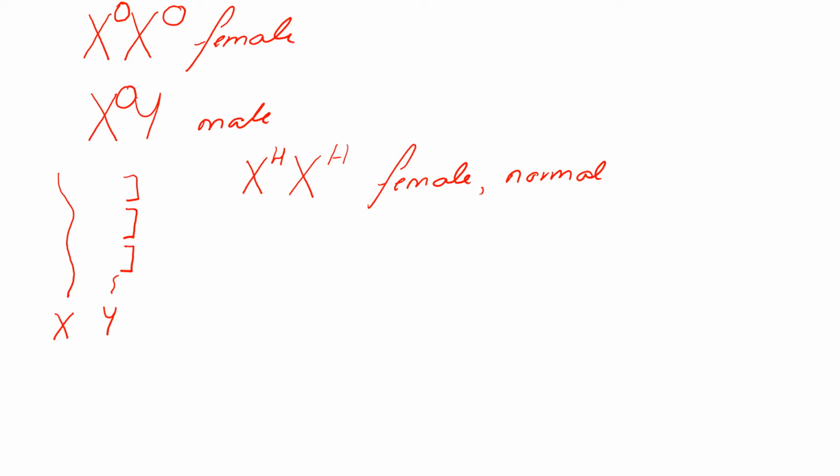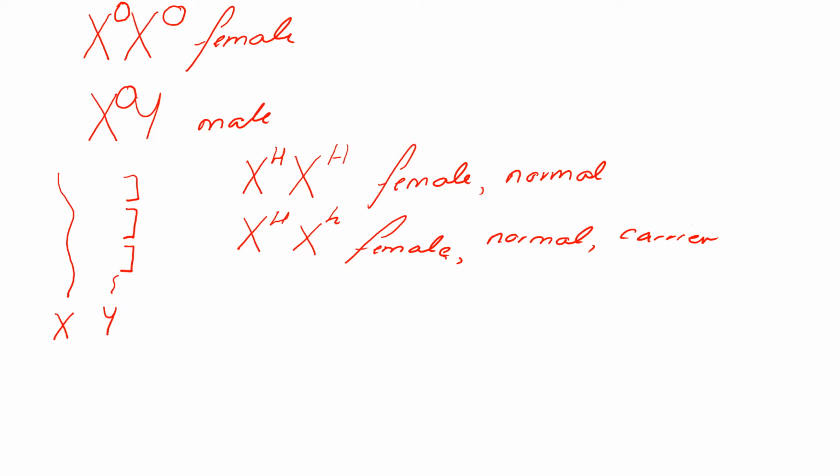Now, if I change this, so I make her heterozygous. She's female, and because it's a recessive disorder and I still have a capital H, she's going to be normal. However, she's going to be something called a carrier.